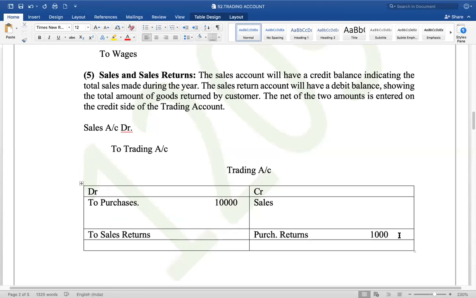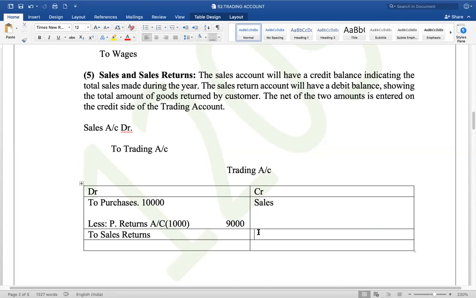Or you can do it this way also: to purchases 10,000, less purchase returns 1,000. This purchase returns is negative. Then the resulting figure, 9,000, you take in the amount column. And the other entry will not be there if this is the treatment you're giving.